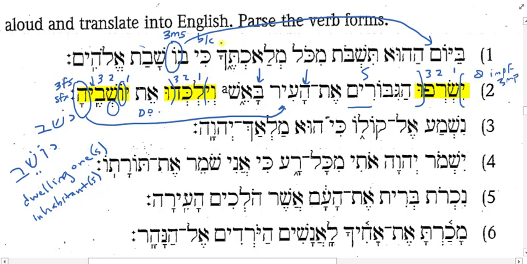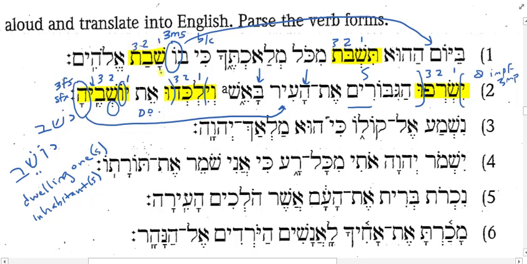Before we leave verse 1 or number 1 here, if we look at Tishbot, our verb, and compare that for a moment with shavat, okay? You have to identify your root letters. In both cases, it's shin, beit, tav, right?